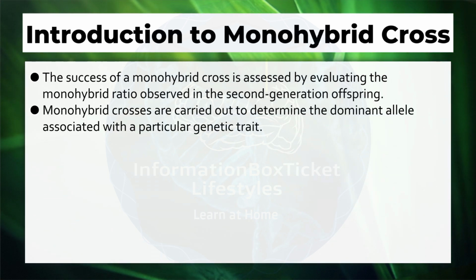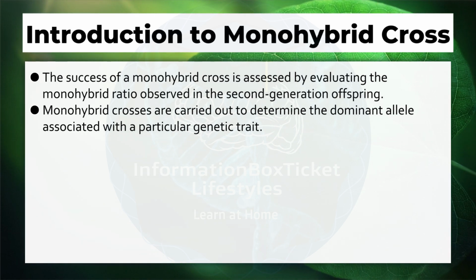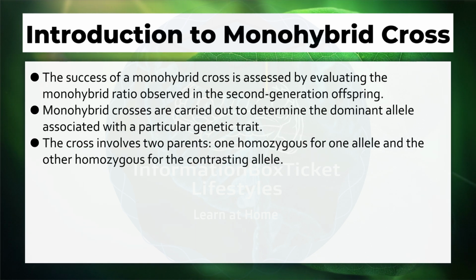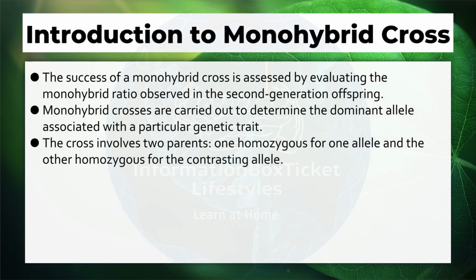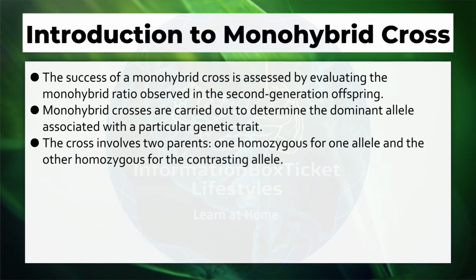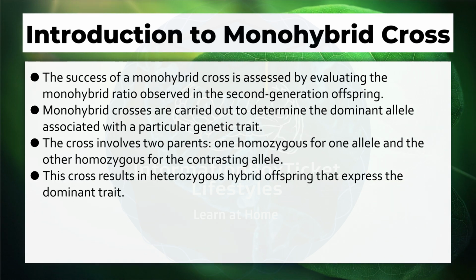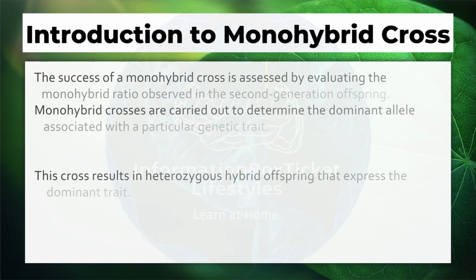Monohybrid crosses are carried out to determine the dominant allele associated with a particular genetic trait. The cross involves 2 parents, one homozygous for one allele, and the other homozygous for the contrasting allele. This cross results in heterozygous hybrid offspring that express the dominant trait.